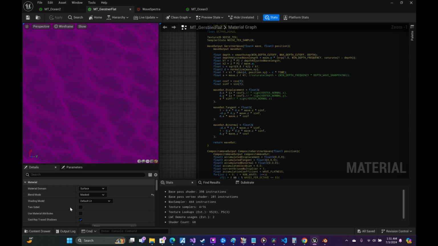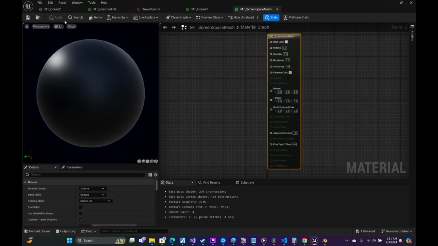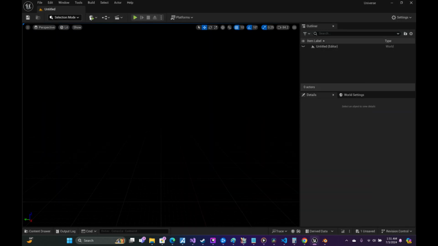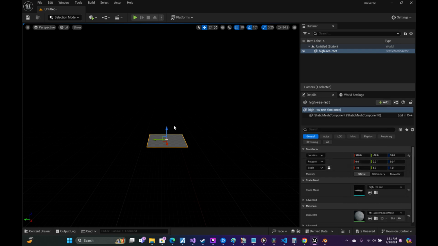So we need to make a new material, and I've got this folder here. So we're gonna make a material. I'll call this BP, empty screen space mesh.